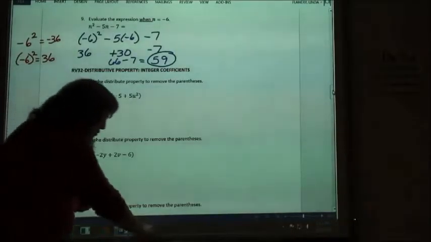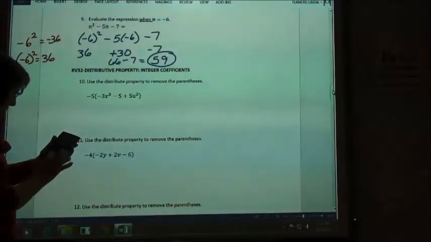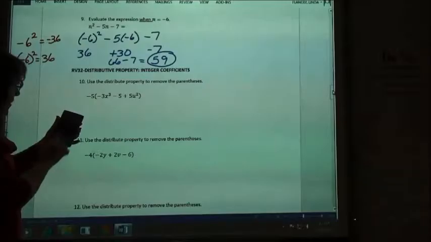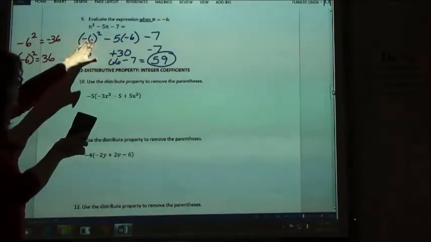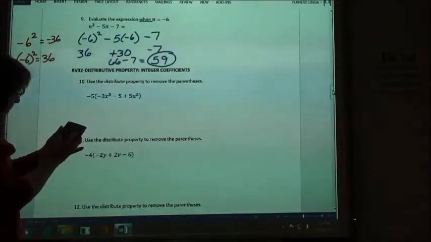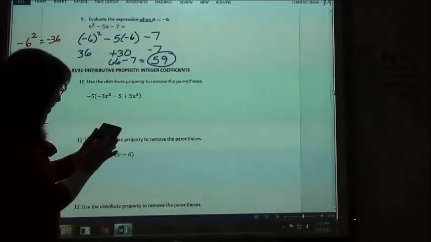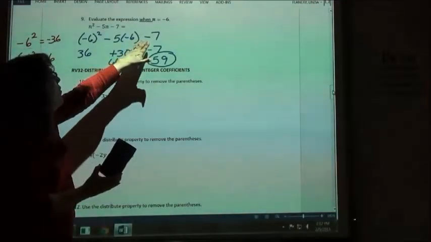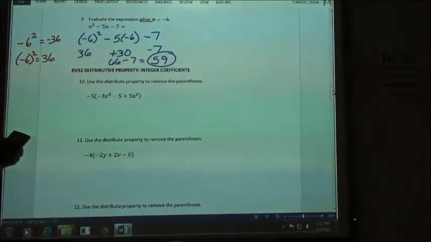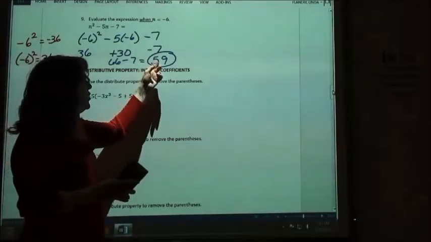So if I'm going to check this one with my calculator, I'm going to put parentheses, -6, close my parentheses, hit my x squared, so I have -6 squared, just like that, minus 5, and then in parentheses, my -6, close my parentheses, then the minus 7 on the end, minus 7. And again, if you don't know if it's a minus or a negative, use the subtraction key on the Casio. It will take it either way, and once I hit equals, I should get the 59.